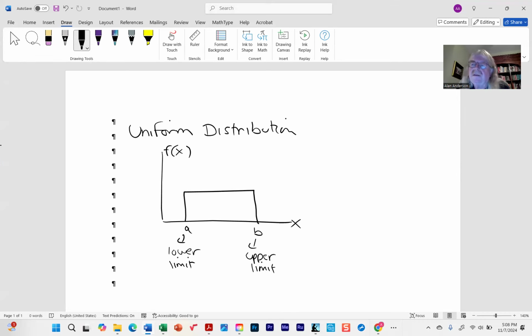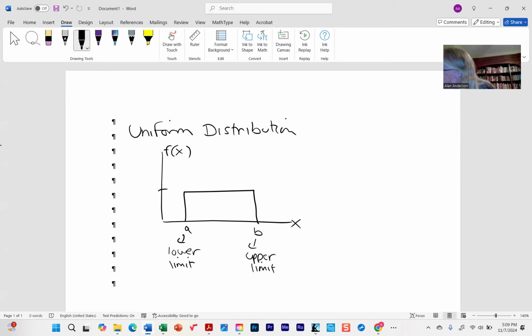So whatever A and B are, all the numbers in between are equally likely to occur. Everything outside that range has no probability of occurring. In other words, the probability is zero outside the range A to B, but within the range, for any given value that we choose, its probability is the same as all the other values inside that interval.